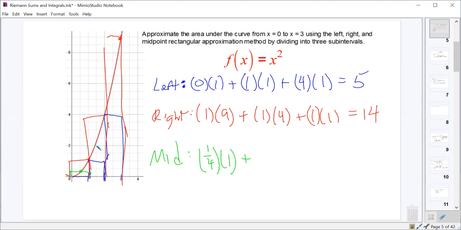And then the next one at 3 halves, when we square that, 3 halves squared ought to be 9/4 times 1. And then at 5 halves in between here, it ought to be 25/4 times 1. And adding all of those together ought to give us 35/4.